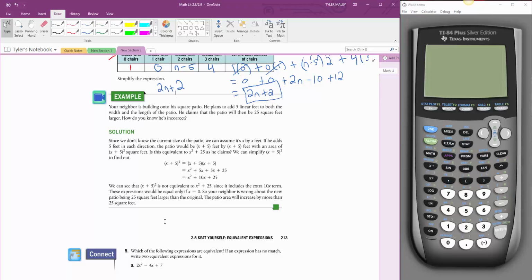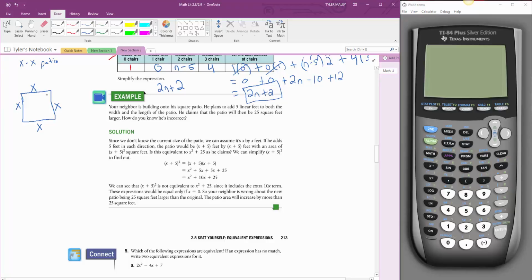So what the book is saying, and if you're a visual learner like I am, let's just draw this. So we have this generic square patio, and I don't know the dimensions. If I don't know something, I can just use a variable to think about it. So we can think of this as an x by x patio, the length and width both equal x.